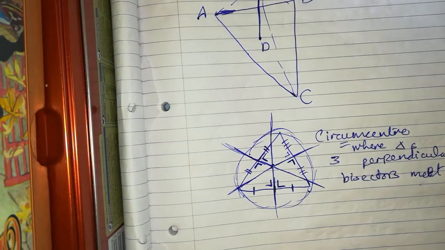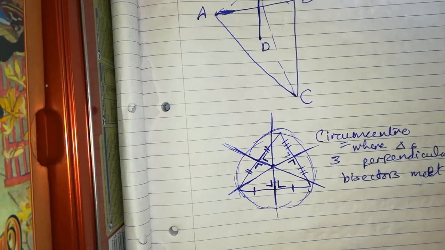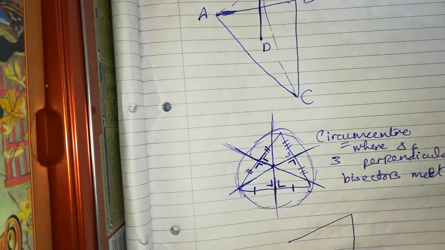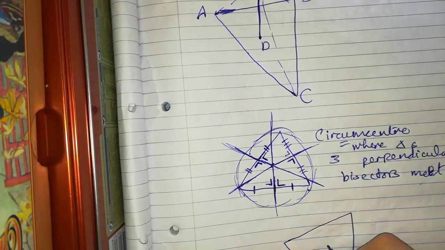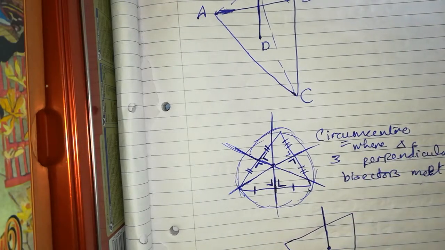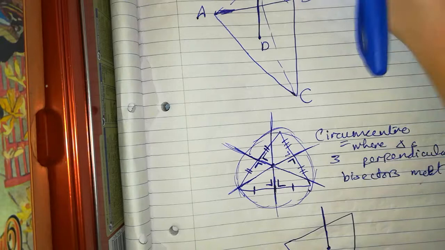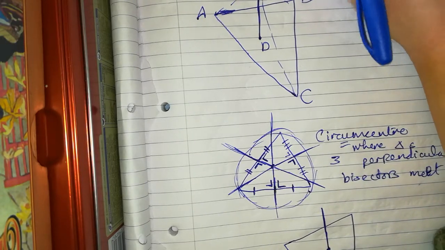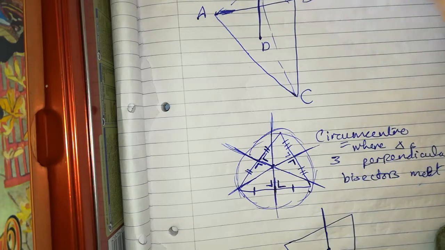So, the first thing it says is that we have in our triangle a point fixed at the circumcenter. The circumcenter is a point, so we have a point fixed at the circumcenter of the circle.